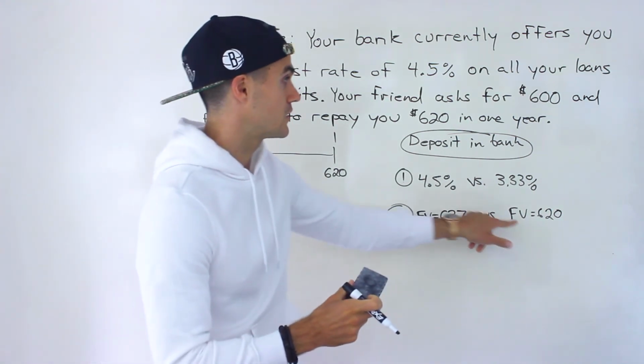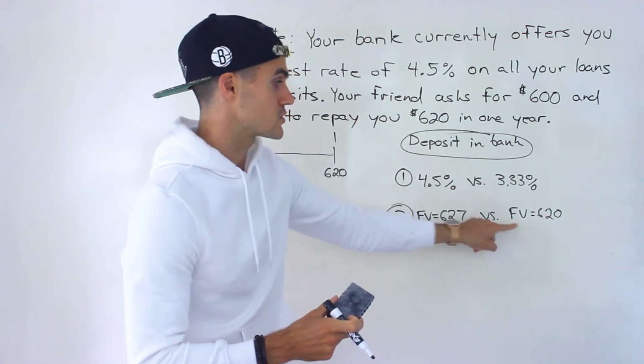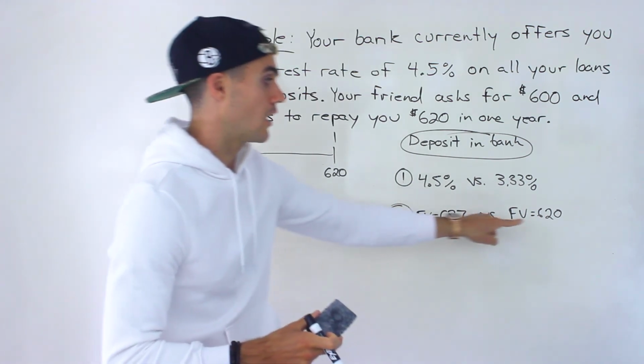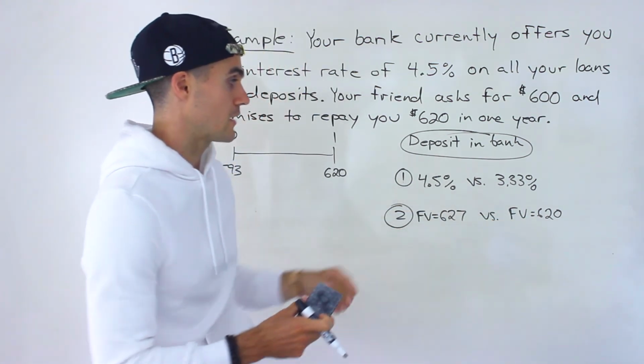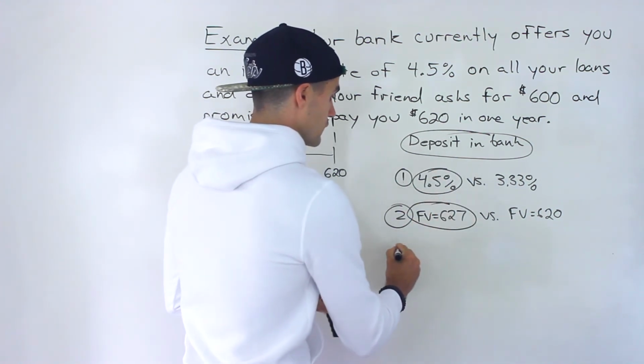In both cases we would invest the 600, and in the future we would get 620 with the friend versus 627 with the bank. So higher interest rate, higher future value.